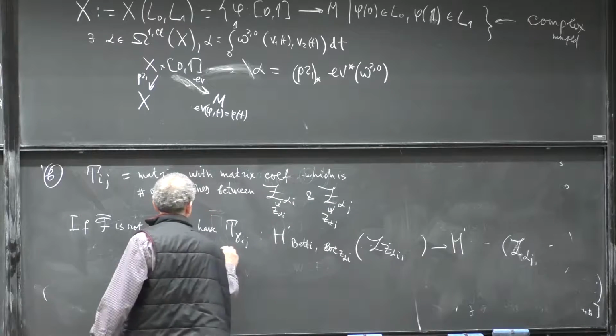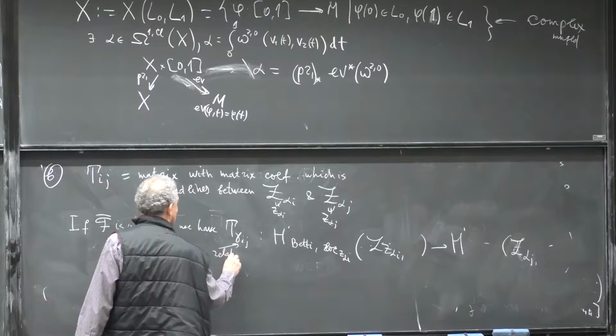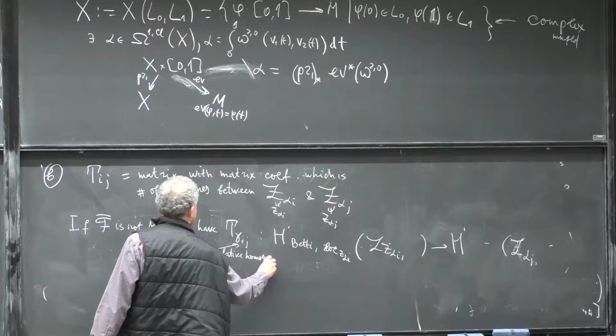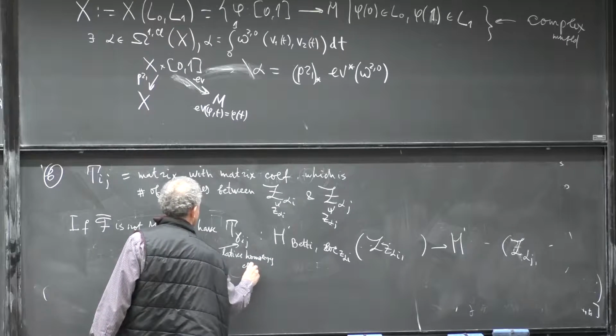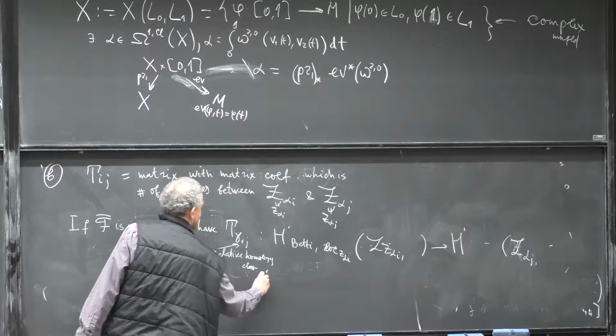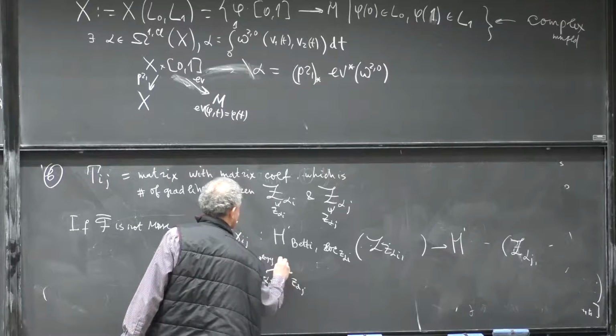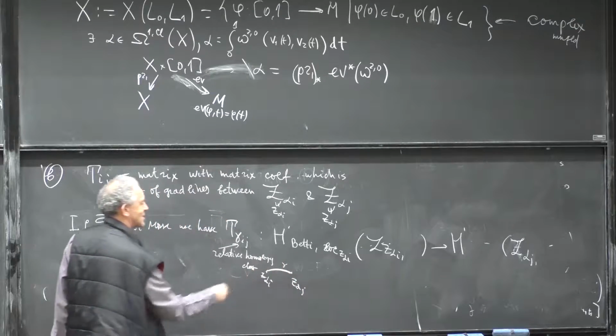And gamma ij is a relative homology class between Z alpha i and Z alpha j.